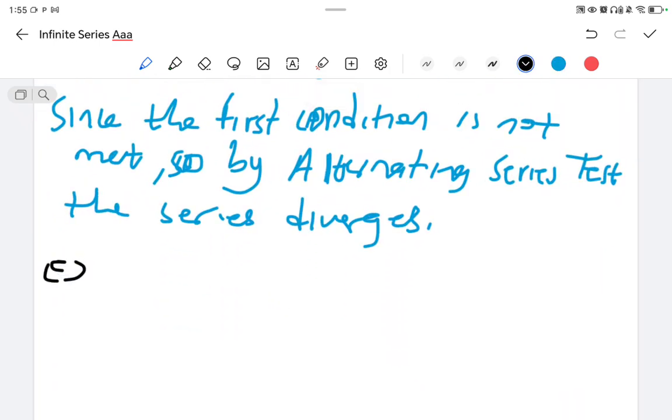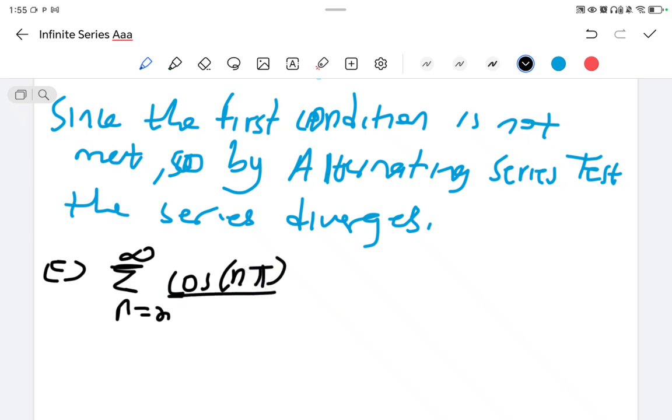See, we have now the sum from n equals 2 of cos of n pi over root of n. Now they ask us, is this convergent or divergent? Now if we check cos of n pi, this will revolve around -1 and 1.